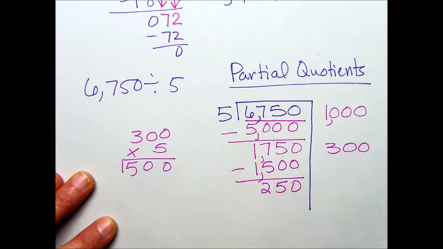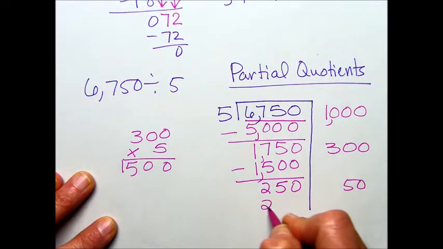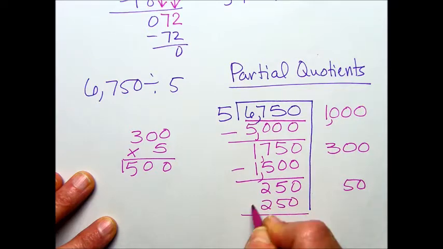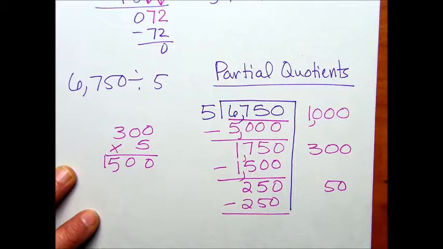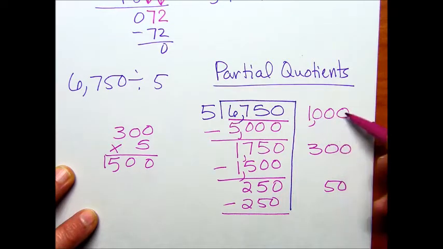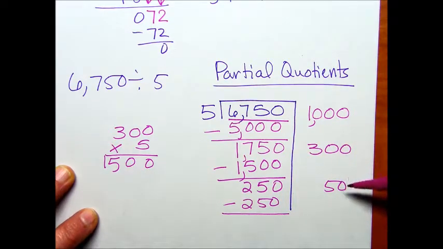Well, I know 5 times 5 is 25, so 5 times 50 is going to be 250. This is a good method if you've got your multiplication facts down, especially the tens, hundreds, thousands. When you've got multiples of 10, it makes it really easy for this one.